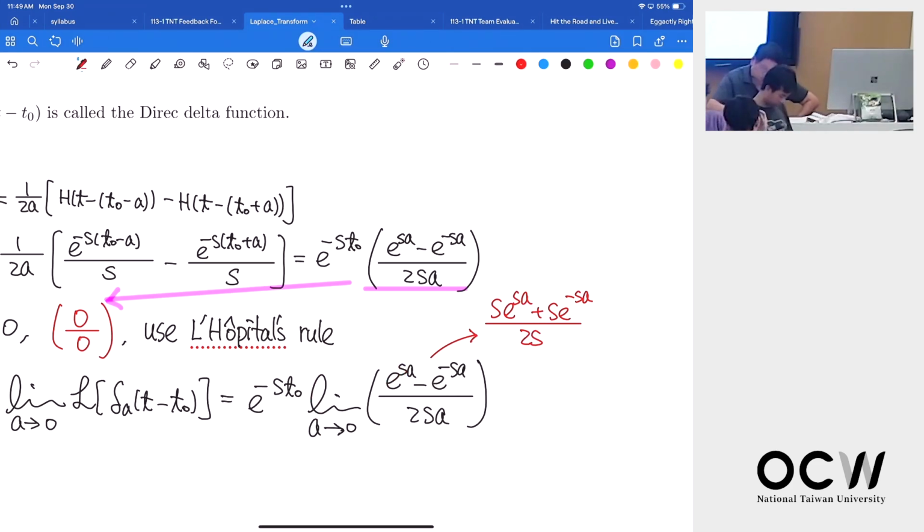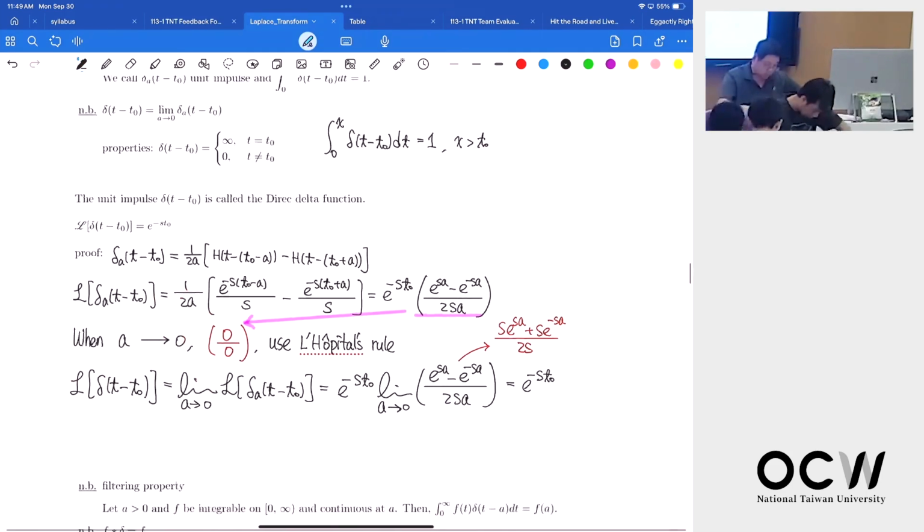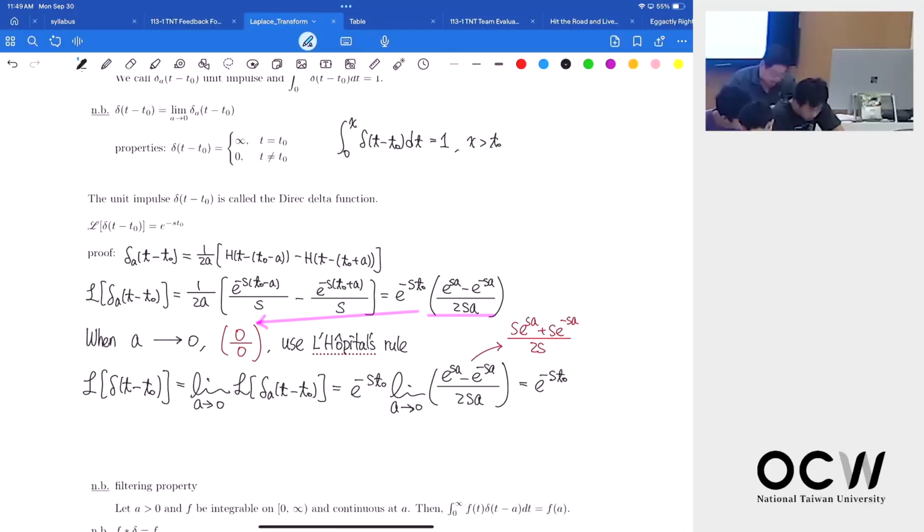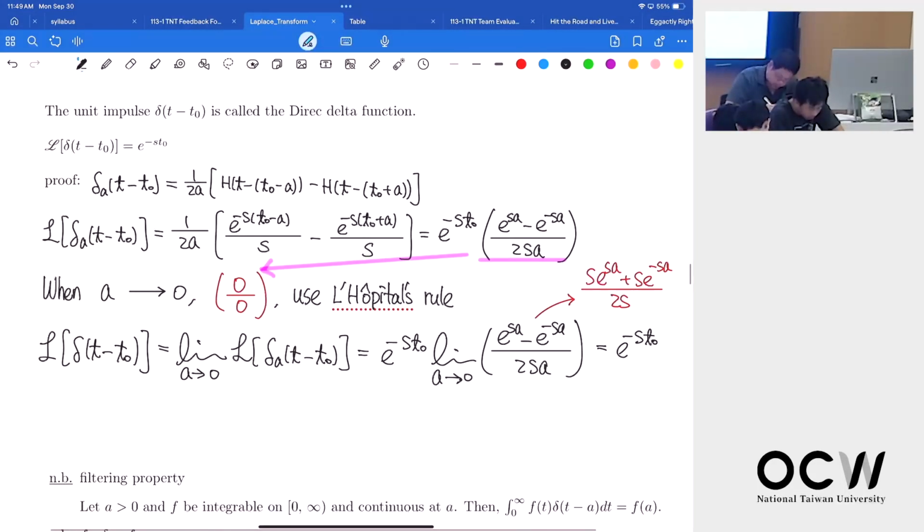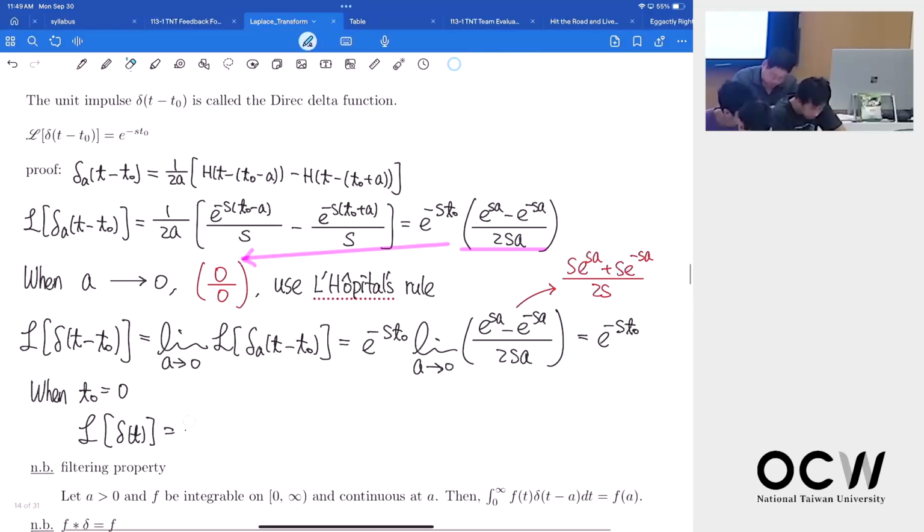We have e to the minus s t naught, and when t naught is 0, we find that the Laplace transform of the delta function is 1.